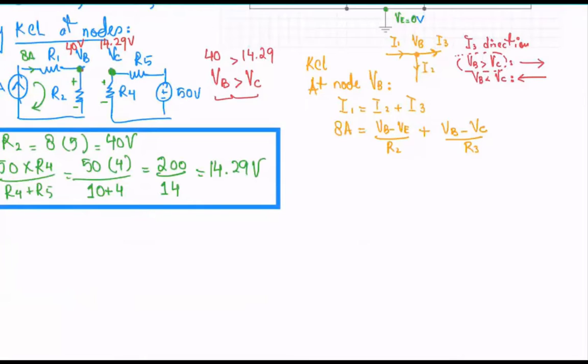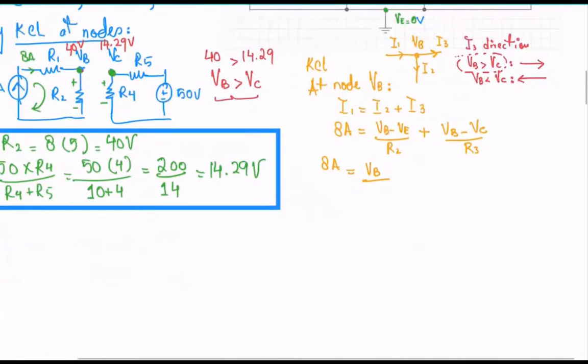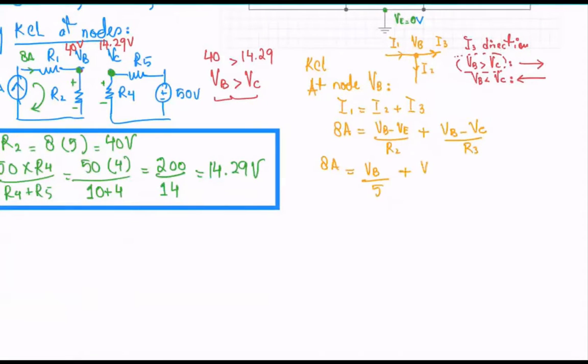I'm going to plug in the values now. I have 8 amps equals VB, which is what we are looking for. VE is 0, so I can simply write VB over R2. R2 is 5 ohms, plus VB minus VC over R3.